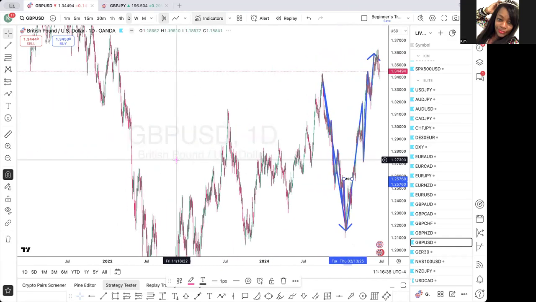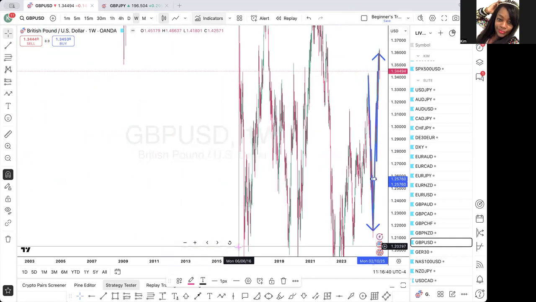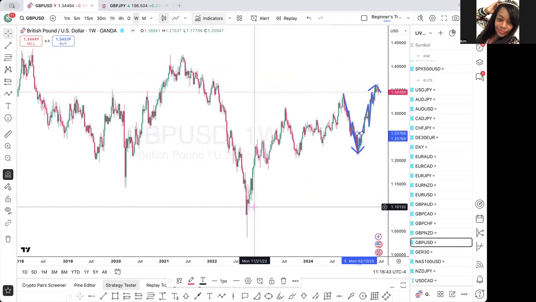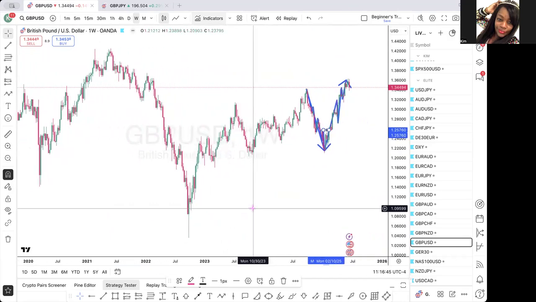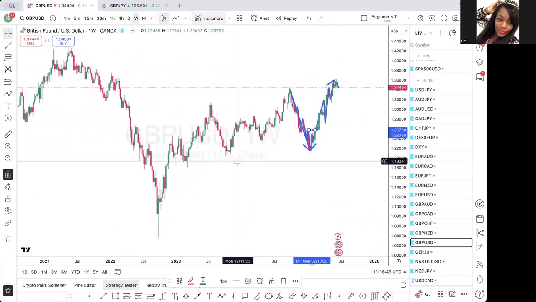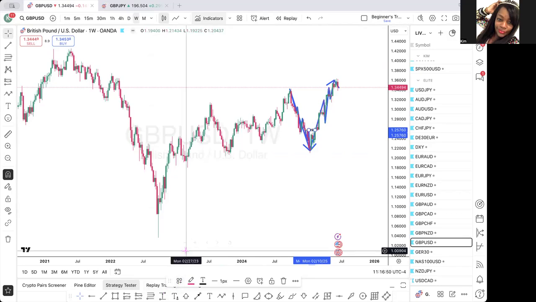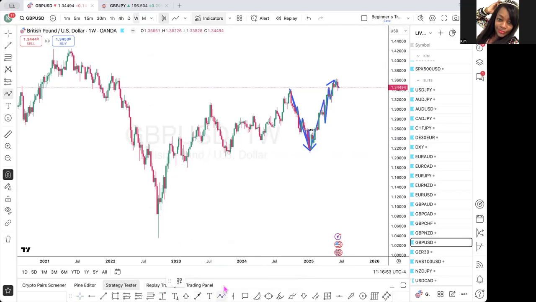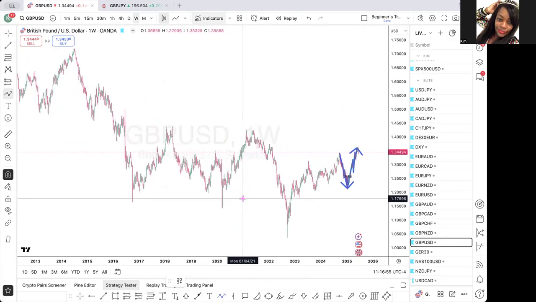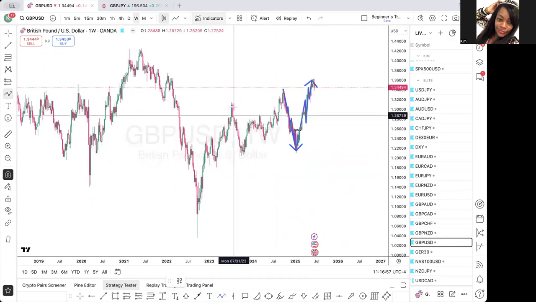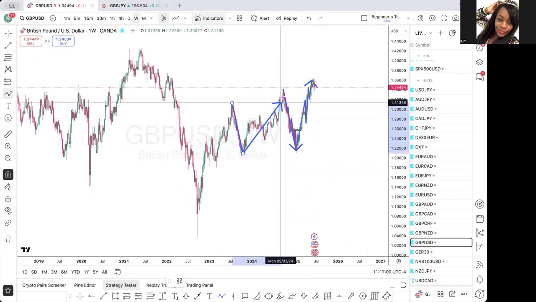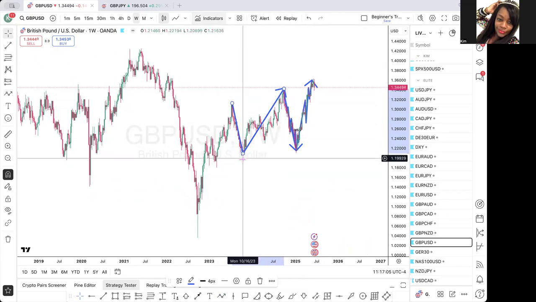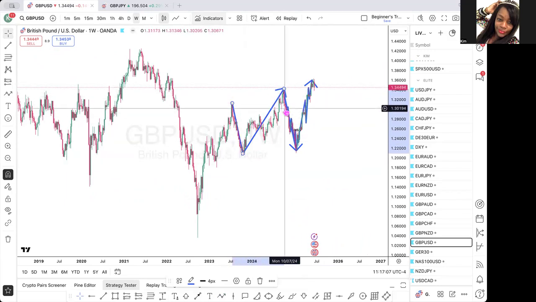So then I am going to go to the weekly to see that yes, we pulled back to a demand zone, because if we look at the higher time frame, I see the structure is here and this is the current higher time frame swing or range that we're in.